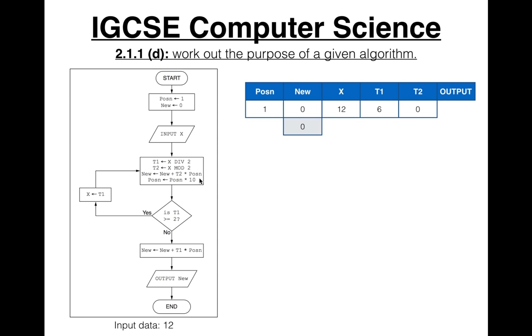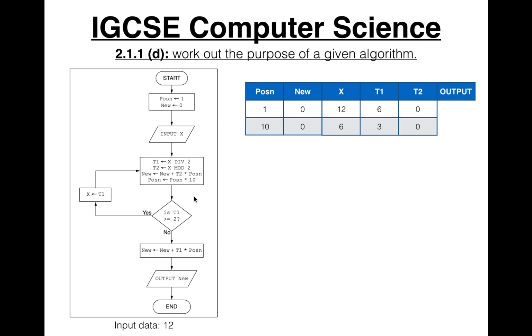Then position equals position times 10, so 1 times 10 makes 10. Is t1 higher than or equal to 2? Yes. X equals t1, so x is 6. t1 equals x div 2, simple, 3. t2 equals x mod 2, that also gives 0.